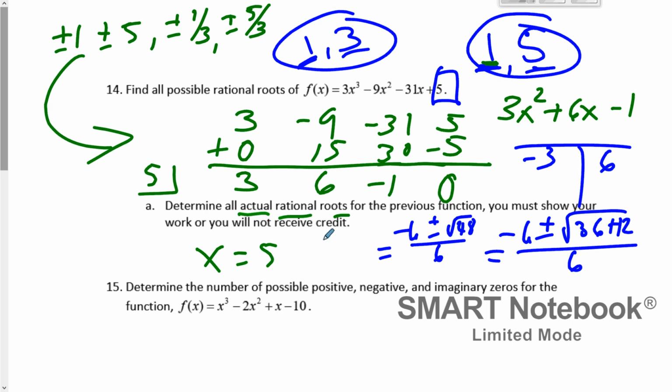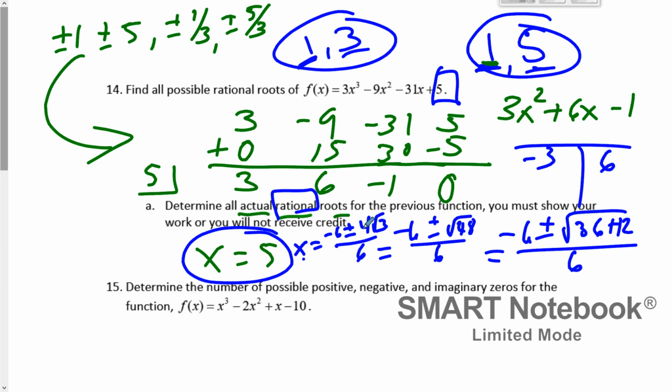So x would equal negative 6 plus or minus 4 root 3 all over 6, and then I could reduce those by 2. All three of those, because 6, 4, and 6 can all be reduced down by 2. But it's just asking for rational ones, so it's just this one.